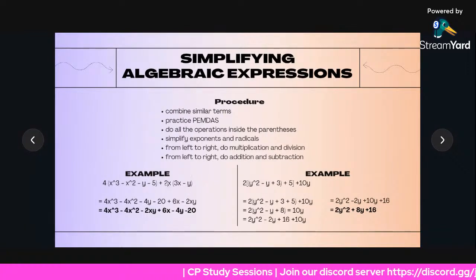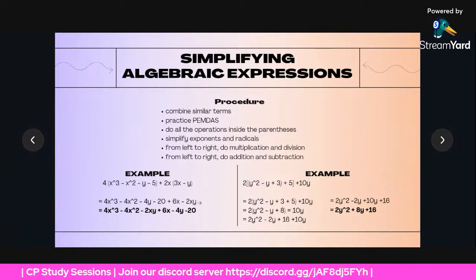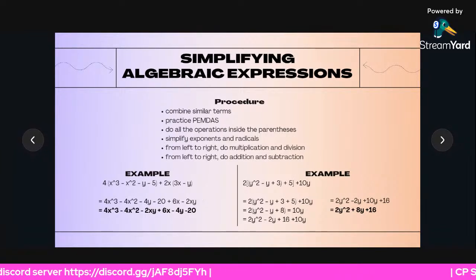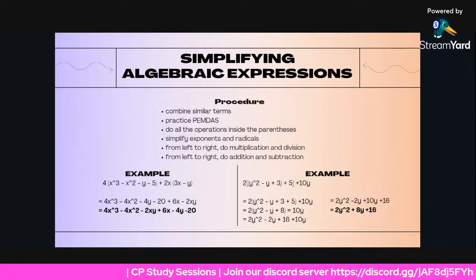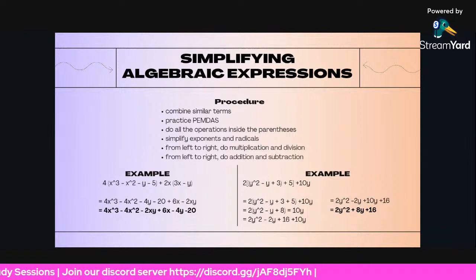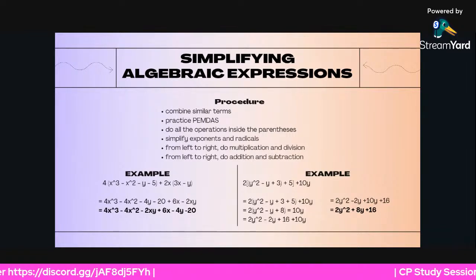So, since they are different terms, you just combine them. The difference between multiplication and division versus addition and subtraction: in addition and subtraction, you cannot combine terms that are not similar. Meanwhile, in multiplication and division, you can combine terms that are not similar.